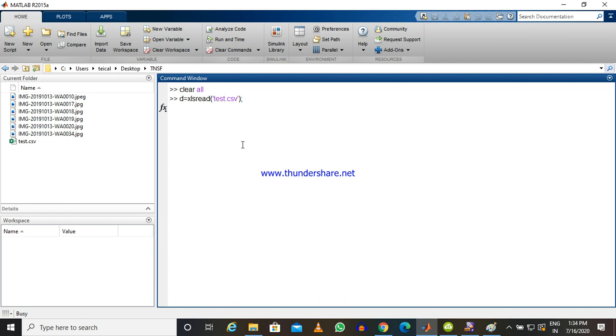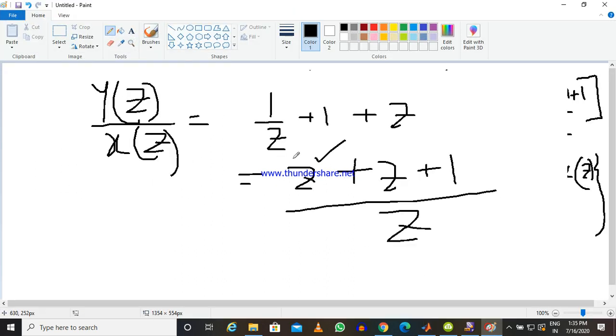Here the first column is the sensor output and the second column is the time in milliseconds. If I write the numerator of this equation in vector form, the z squared coefficient is 1, the z coefficient is 1, and the constant part is also 1.